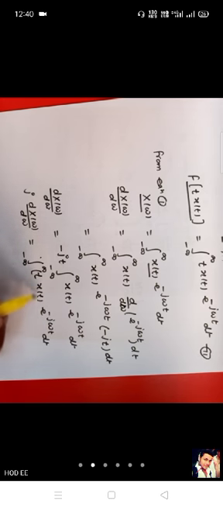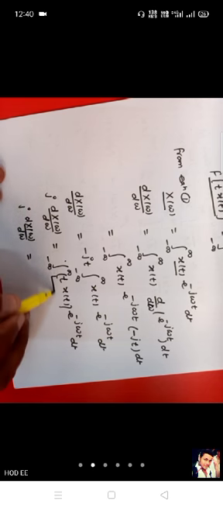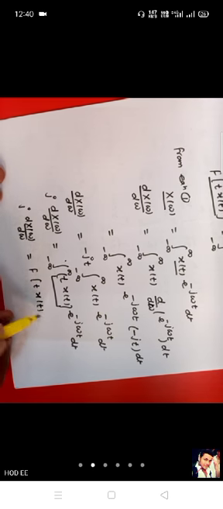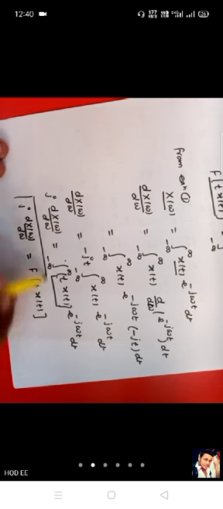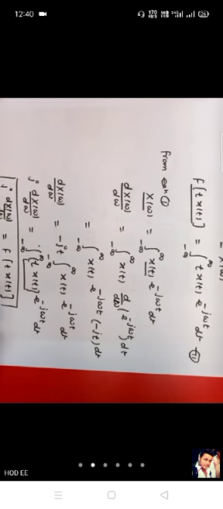Now this is the function, so this is j dx omega upon d omega is what, this is the new function, this is the Fourier transform of t xt. So this is called as the डिफरेंशिएशन इन फ्रीक्वेंसी डोमेन.